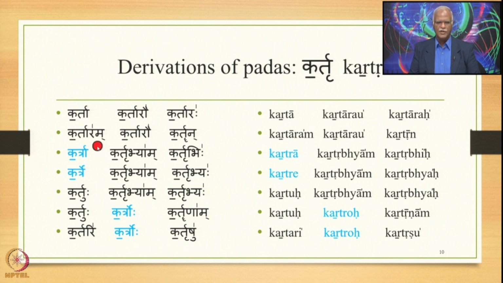Amongst them, there are 4 forms which are marked in blue: kartra, kartre, kartroho, and also kartroho. These are peculiar and of our interest, where we are studying the interrelation between the yan sandhi stating rule and the accent stating rules.